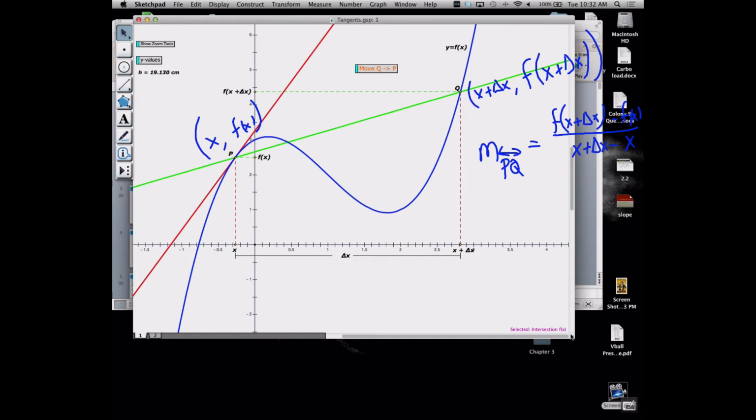X minus x goes away, and look what we have left: f of x plus delta x minus f of x all over delta x. That should look familiar, yes? This is where people start to cry. Okay, so getting back to what you were telling us, Luke, now if I want to move Q towards P, what do I need to do with that puppy?